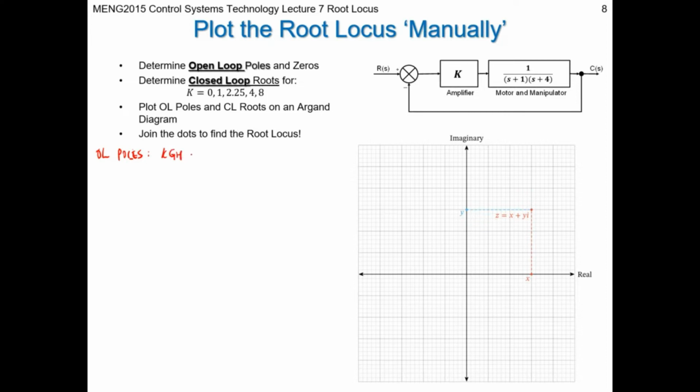GOL equals KGH equals K over (s plus 1)(s plus 4). Therefore, we can see immediately that we only have two poles, one at -1 and one at -4.